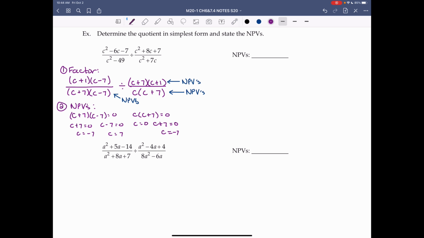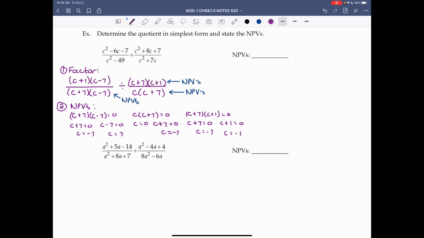Then looking at the numerator of the second fraction, we have c plus 7 and c plus 1. We want to know when that's equal to 0. It's equal to 0 when c plus 7 equals 0, which is c equals negative 7. Again, we already had that one. Or when c plus 1 equals 0, which is when c equals negative 1.